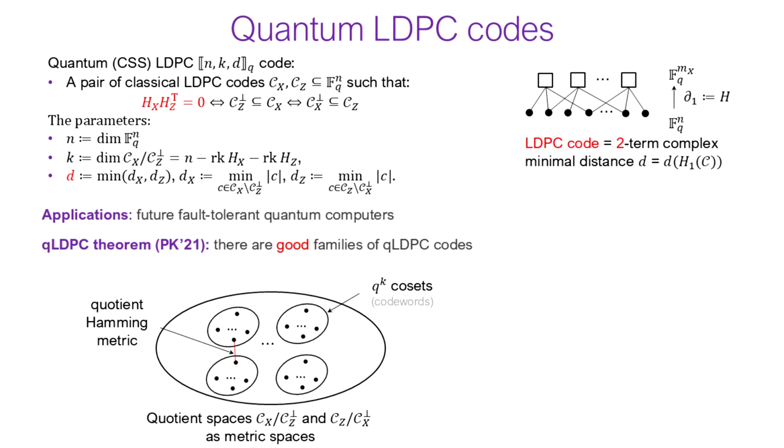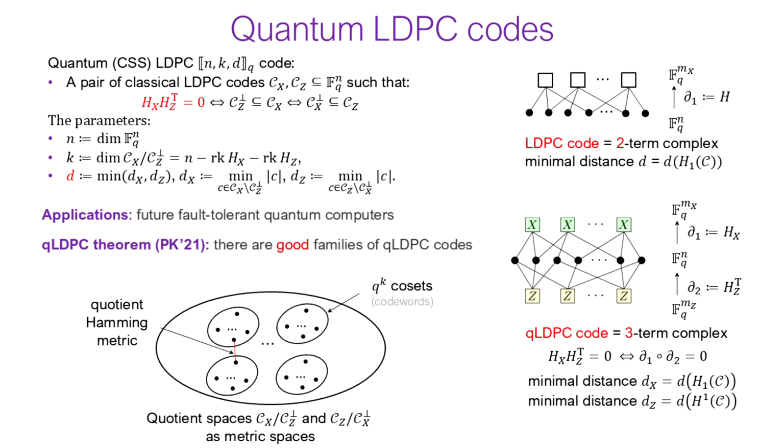Here I also want to mention that LDPC codes are naturally related to chain complexes. A classical LDPC code can be considered as a chain complex with two terms, one with bits, one with checks. But a quantum LDPC code can be considered as a complex with three terms, where we have Z checks and X checks, and we also have qubits.